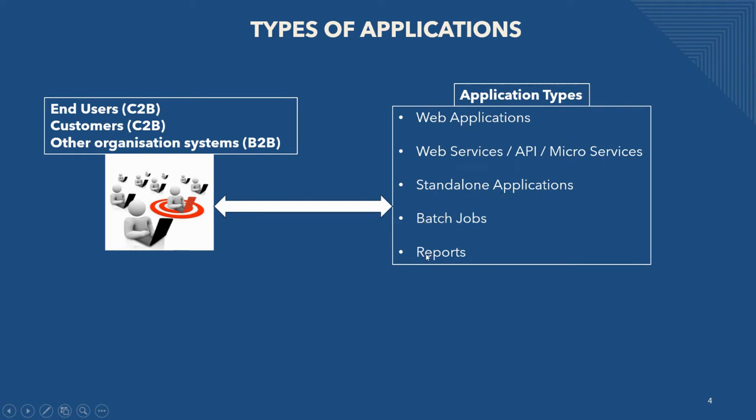And again, batch jobs and reports, as I said, depend on the project requirements. Every day, every fortnight, or every week, at a certain point of time, a program has to have a quick look at whatever inventory is coming in for a shopping cart website.